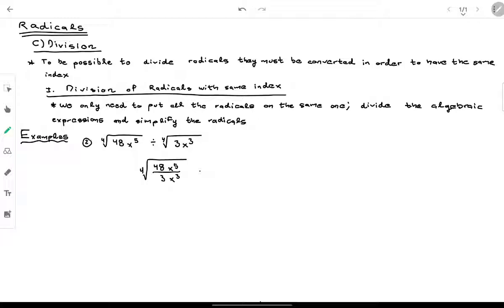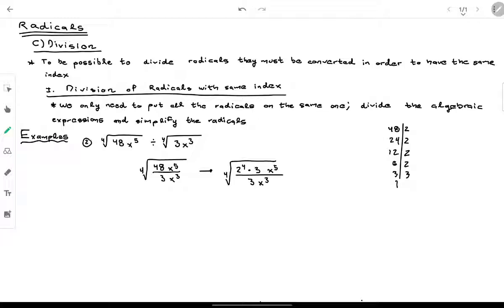Let's decompose the 48. 2 is 24, 2 is 12, 2 is 6, 2 is 3, and 3 is 1. So this one is going to be 2 to the 4, that multiplies 3, that multiplies x to the 5, all of it divided by 3x cubed.